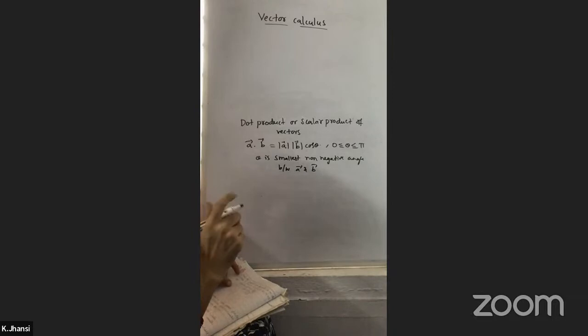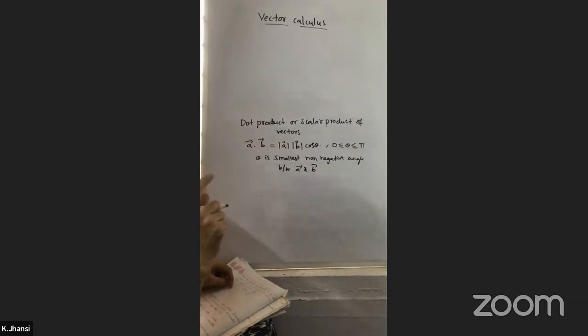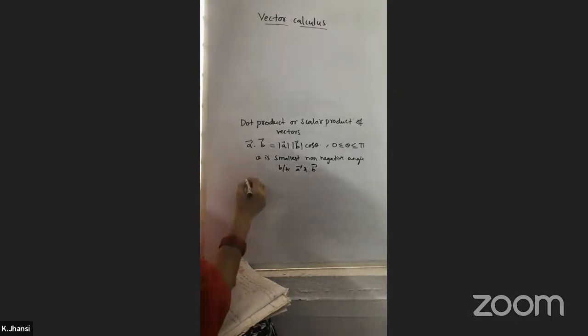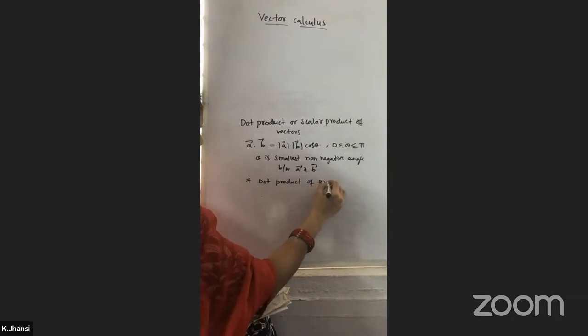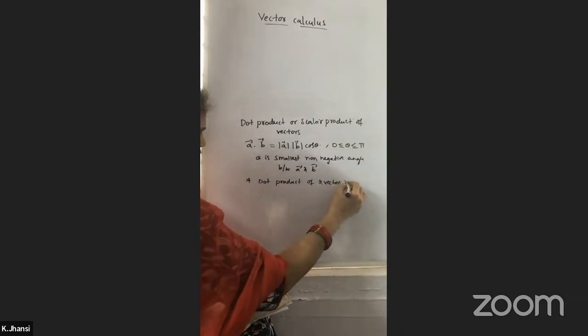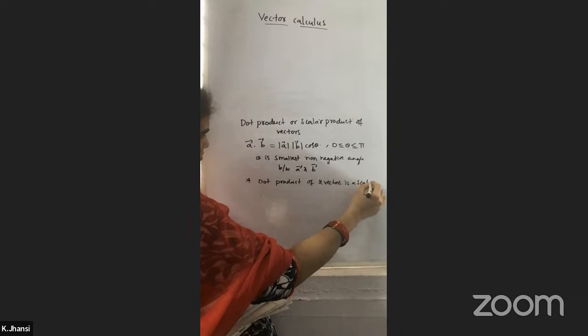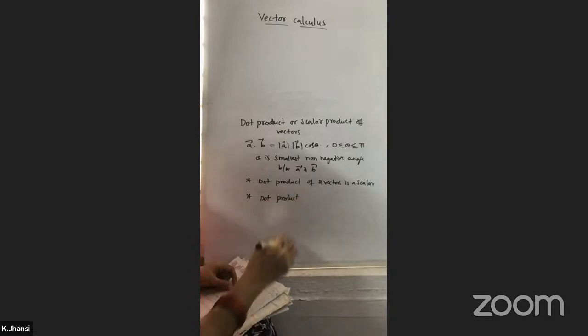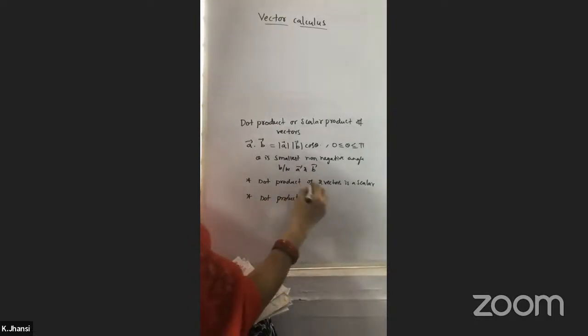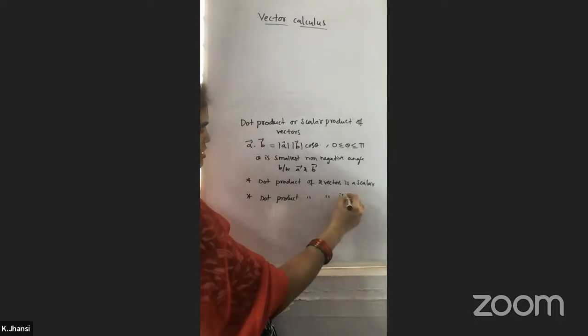And the dot product also satisfies the commutative property. The dot product of two vectors is a scalar, and the dot product of two vectors is commutative.